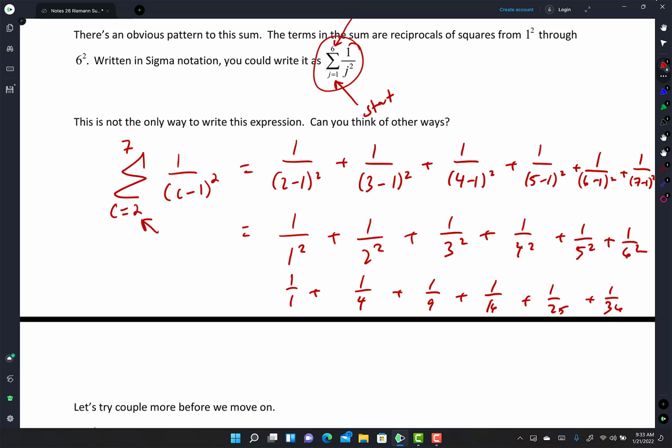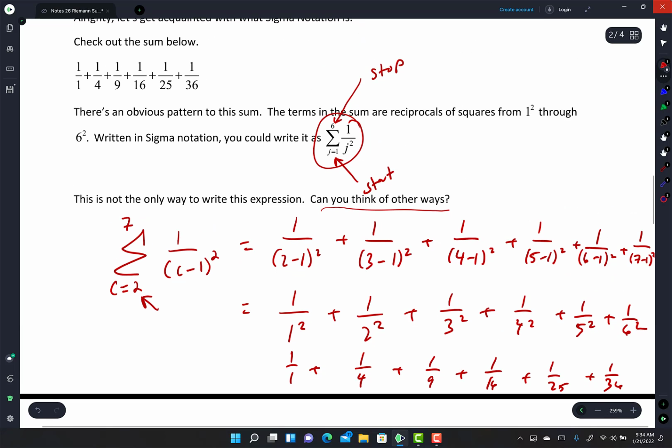What's up, Arispe? Ask. Oh, because they told me right here, can you think of other ways? Oh, so you're just making it up. I'm sure there's others besides subtracting. So if it was just c squared, then would you just start with 1 over c squared?